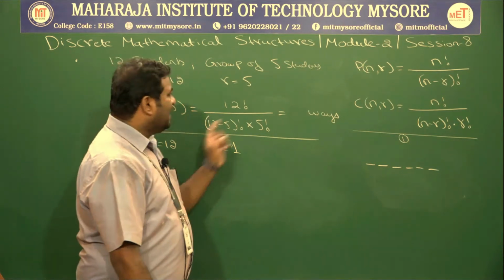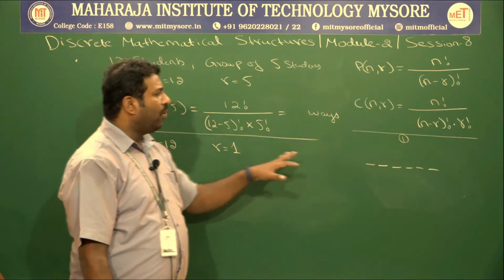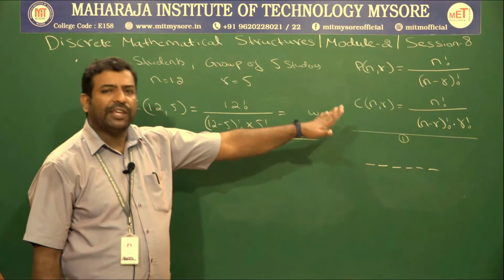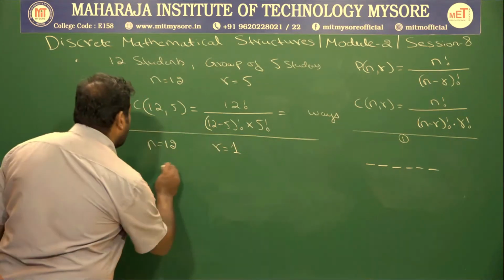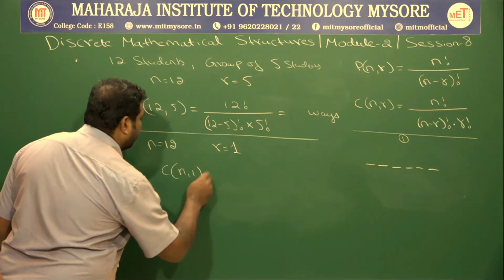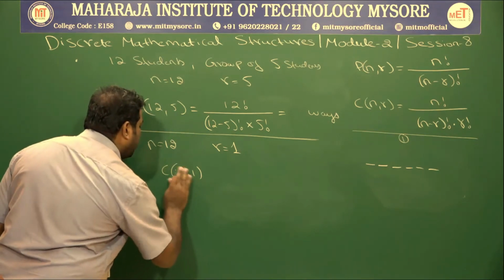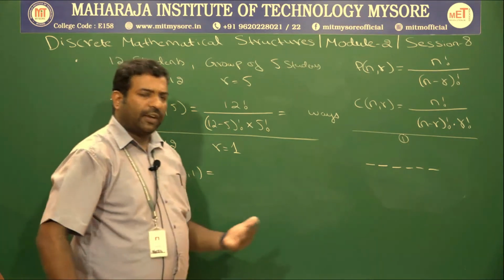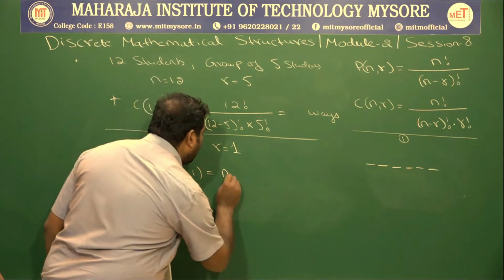And so what is C of n comma 1? The case we just discussed. Whenever I have n comma 1, I am going to have n. That is, there are n number of ways. So whenever we have C of n comma 1, that is r is 1, which I have just discussed with the cases, it is going to be n.